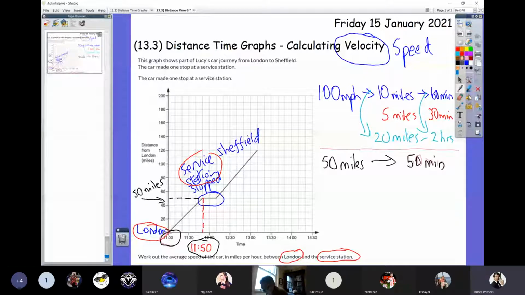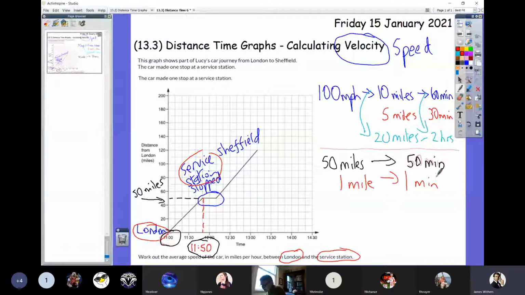Now, of course, I've been asked to work out my speed in miles per hour. And as I said before, that's how many miles I go in 1 hour. Of course, there's a real lag now. It hasn't even come up yet where I've written 1 mile in 1 minute. So anyway, 50 miles in 50 minutes, 1 mile in 1 minute, so that would be 60 miles in 60 minutes.